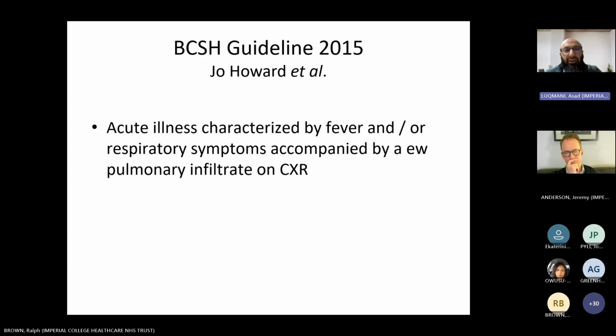So it's quite interesting that hypoxia is not part of the definition in that guideline. However, I think that probably needs to be reviewed, because in practice, I think hypoxia would be one of the first indications that the patient may be developing an acute chest syndrome. Next slide, please.